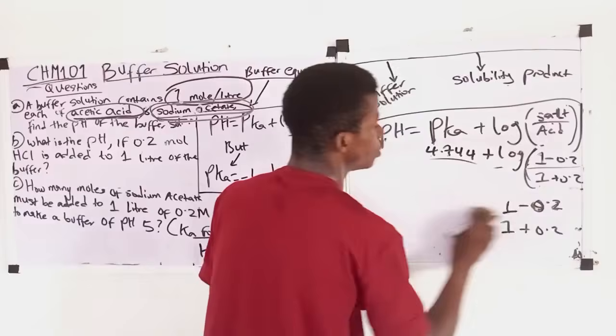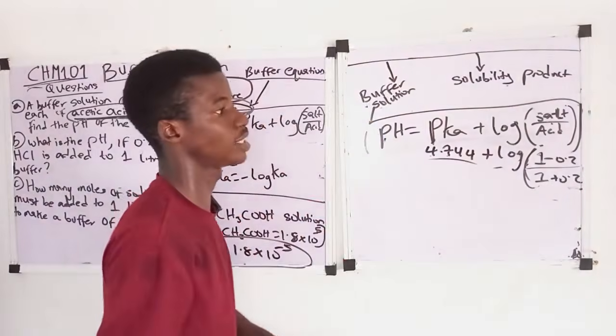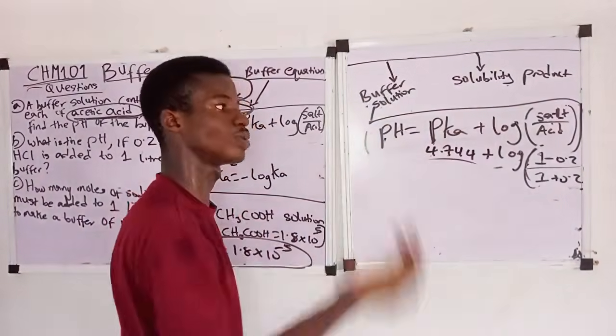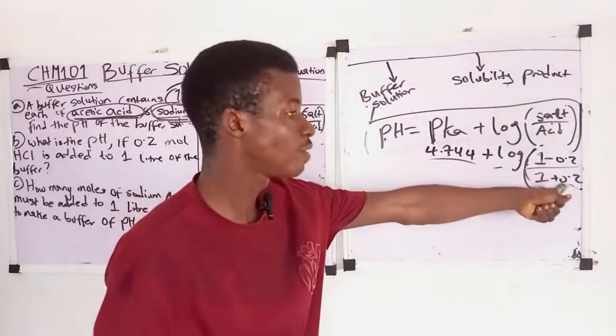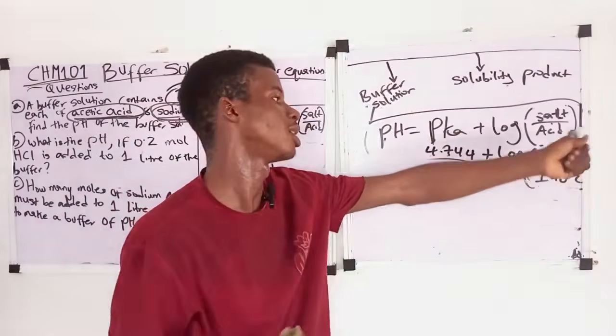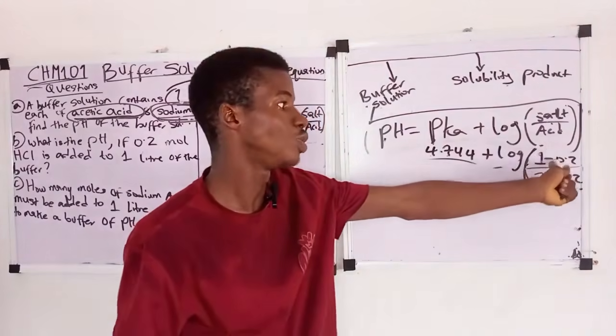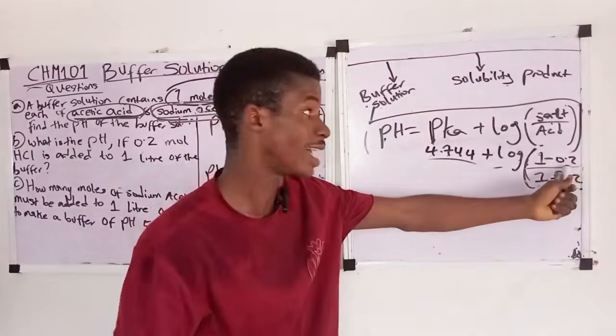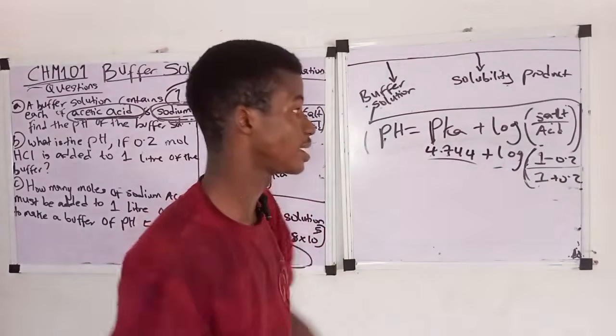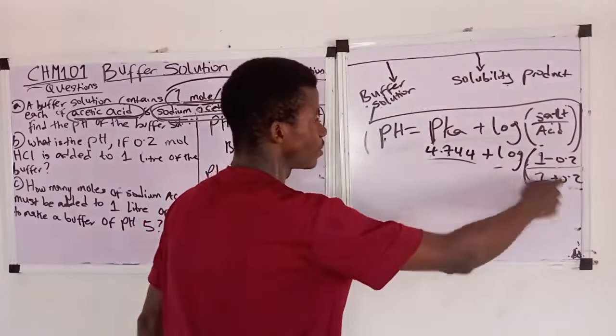Okay. Yes. So that is just like when we add acid to an acidic buffer solution. The mole of that acid we add, to the salt part of the buffer solution, we neutralize 0.2 mole of that acid, right? So that's why you see minus, and that's why you see plus here.